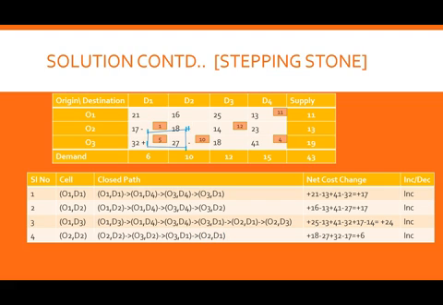Starting from O2D2, plus, then a minus, then a plus here, and a minus here. The net cost change will be plus 18, minus 27, plus 32, minus 17. So this will also give us a plus 6. This also causes an increase in the net cost change.